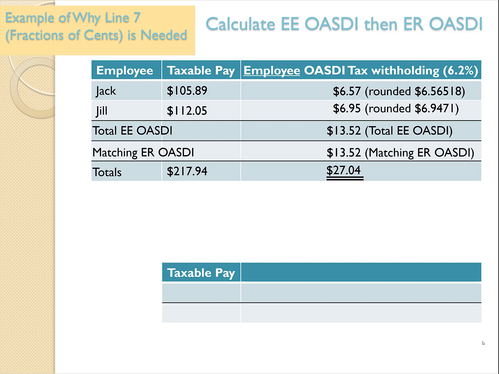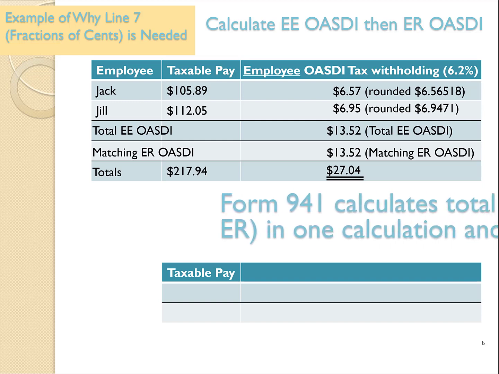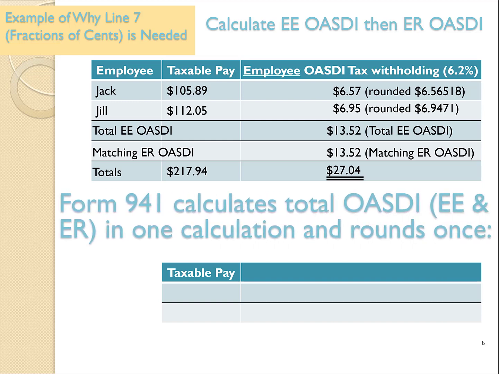So let's say it's now time to do the 941. So remember, the 941 calculates total OSTI, the employee and the employer portion, in one calculation and then rounds once. So notice up above, we calculated once for Jack and we rounded, and then once for Jill and then we rounded. And notice both of these happen to round up.